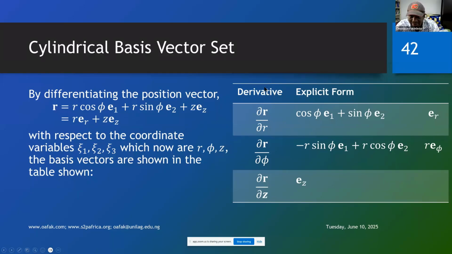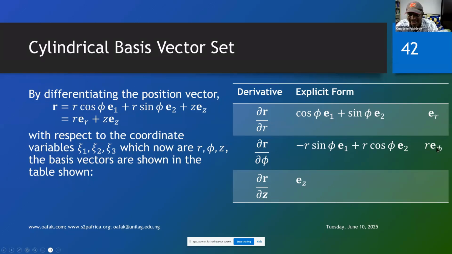So you can see now the derivative with respect to R, with respect to phi, and with respect to Z. With respect to Z, you just have e_Z. If you differentiate with respect to R, you have e_R. If you differentiate with respect to phi, you have R e_phi, R multiplied by e_phi. Because if you do not multiply it by R, e_phi alone is not going to give you a measurement dimension.